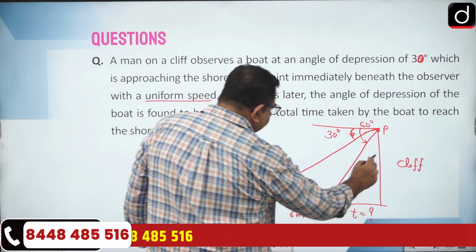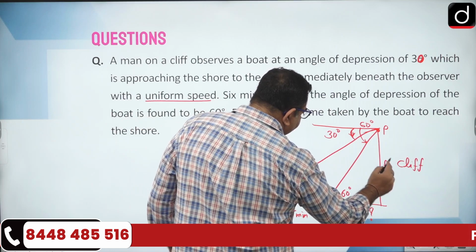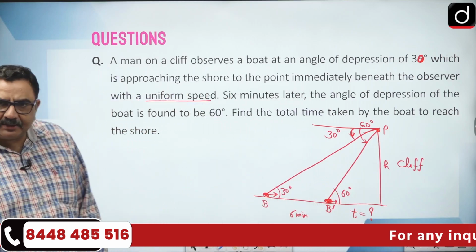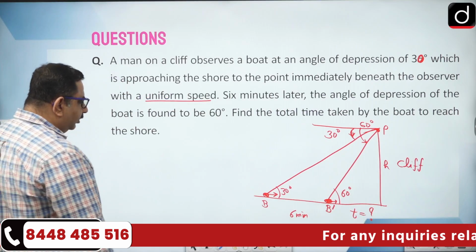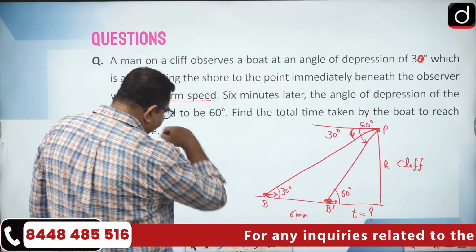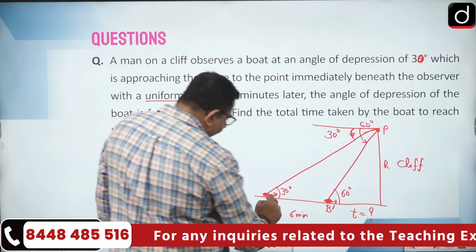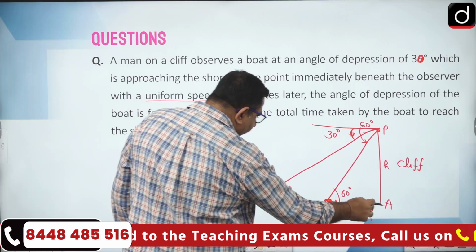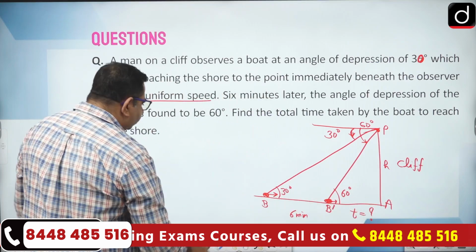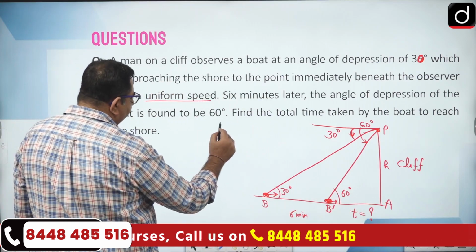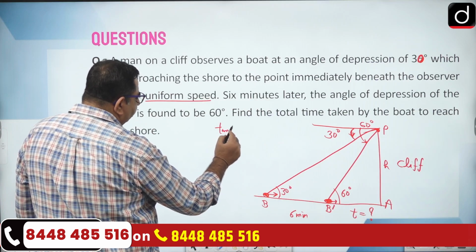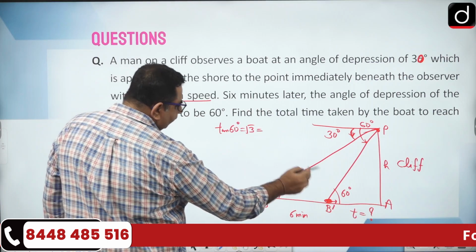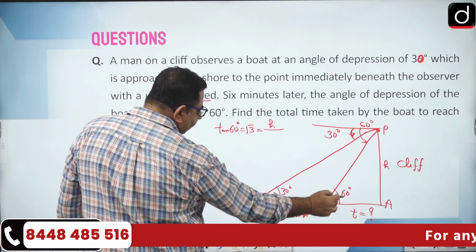So suppose height of the cliff is h, so we can apply tan 30 degree and tan 60 degree. First of all, let's say this point is A, so AB dash, tan 60 degree, which is equal to root 3, that is height by AB dash.